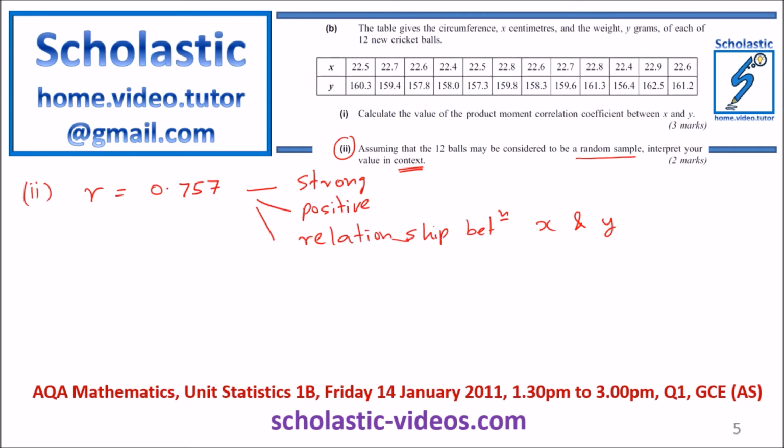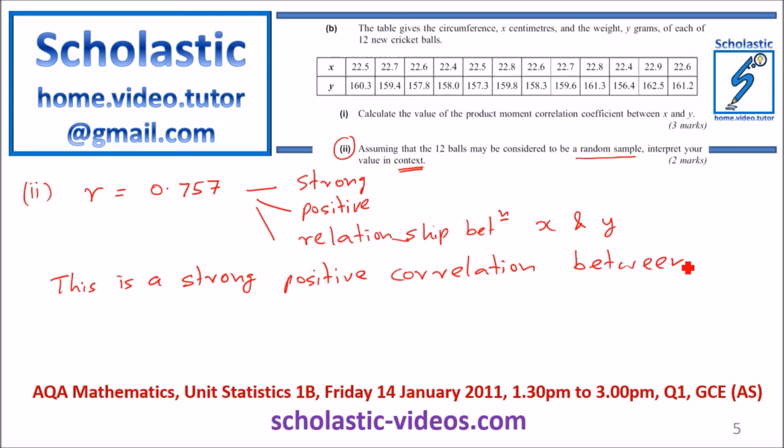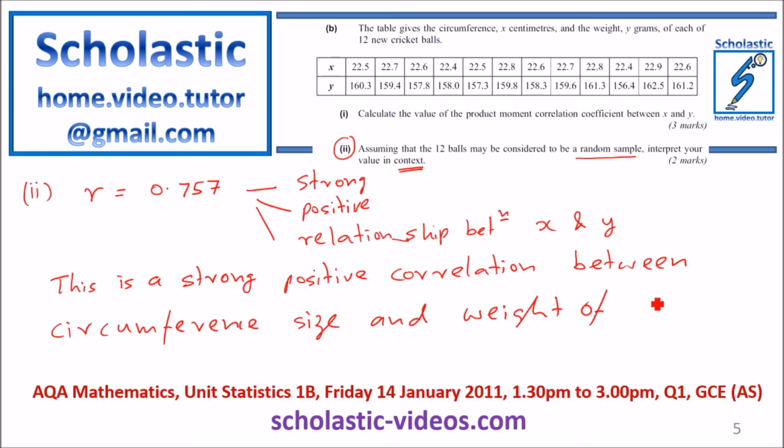We can say that this is a strong positive correlation between circumference size and weight of the cricket balls.